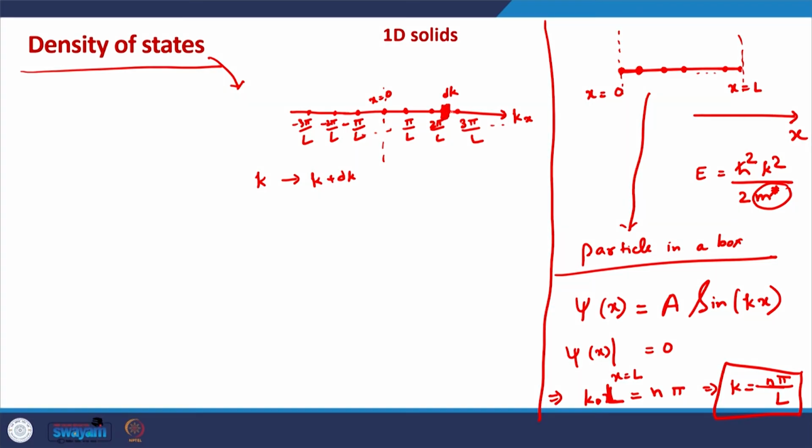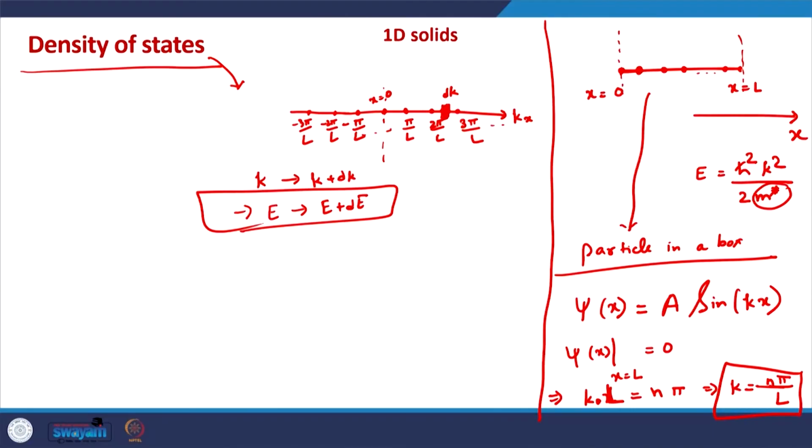This will also be equal to the number of electronic states in the energy range from E to E plus dE, and from this number we can calculate the density of states as we have done for the 3D and 2D cases. Here the density of states will mean the number of electronic states per unit length per unit energy.